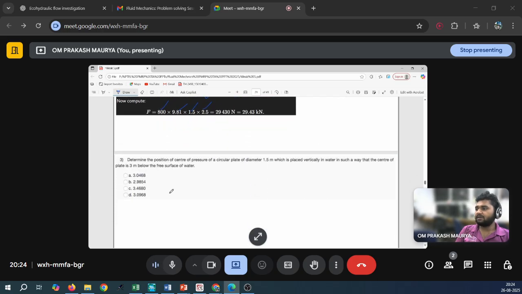Now the next question: determine the position of the center of pressure of a circular plate of diameter 1.5 meter which is placed vertically in water in such a way that the center of plate is 3 meter below the free surface of water. So we need to calculate here the center of pressure.